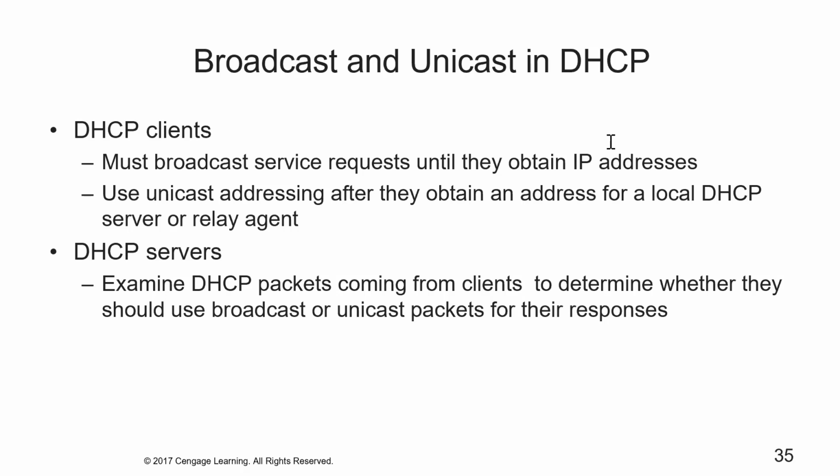So, broadcast and unicast in DHCP. DHCP clients have to broadcast service requests until they obtain IP addresses. They also use unicast addressing after they obtain an IP address for a local DHCP server or relay agent. DHCP servers examine DHCP packets coming from clients to determine whether they should use broadcast packets or unicast packets for their responses.